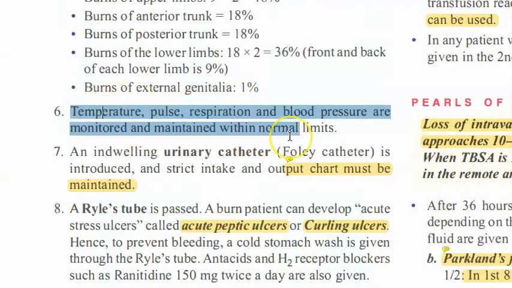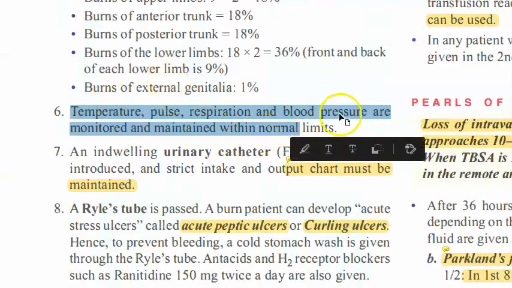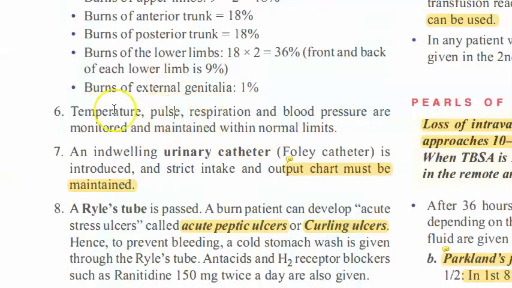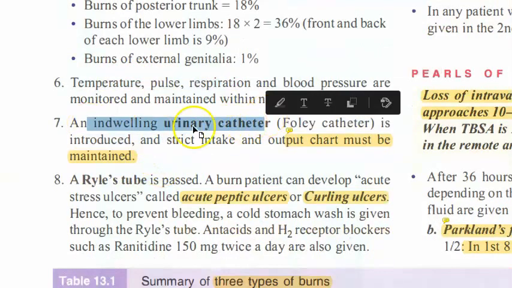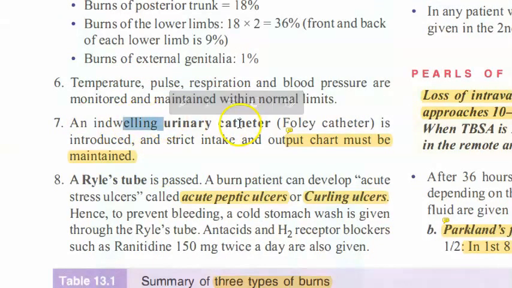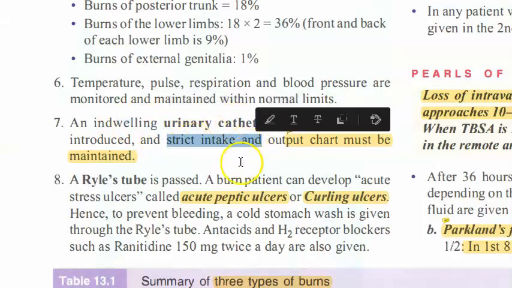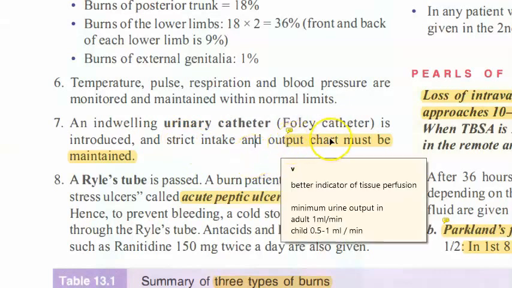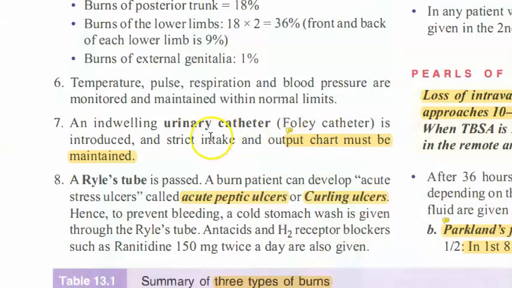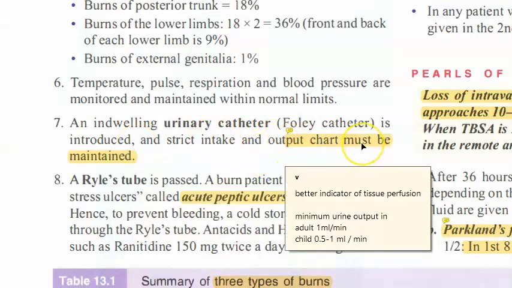Then you will monitor the temperature, pulse, respiration, all these vitals. Then an indwelling urinary catheter, the Foley catheter, you will introduce, right? And you will strictly measure the intake and the output. Why? Because urine output will tell you the tissue perfusion. Basically in adults it will be about 1 ml per minute.